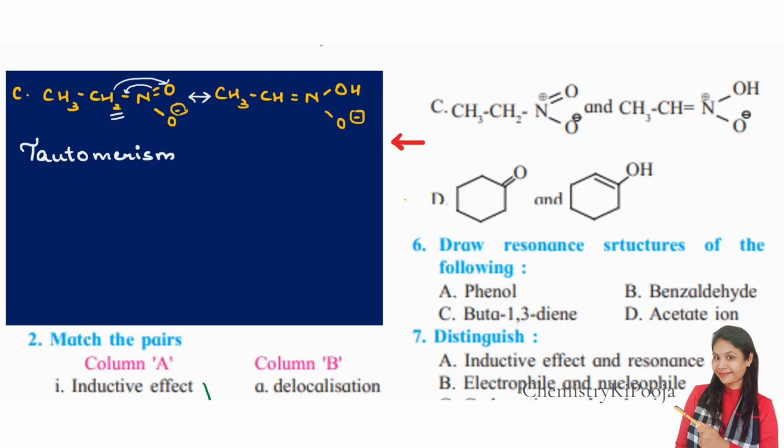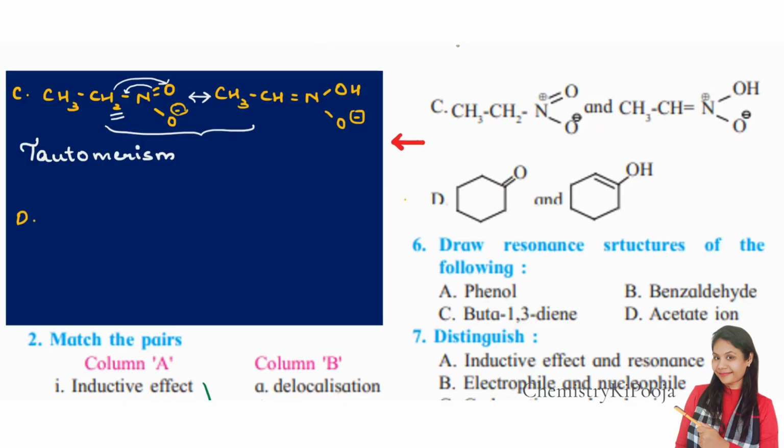So basically it is a phenomenon where two or more molecules, which are called tautomers, interconvert through the movement of a group or atom resulting in different structures. So basically I have just interconverted the first structure into the second by simply shifting the atoms. Okay, you can shift a group of atoms or a single atom. So this phenomenon we call tautomerism.